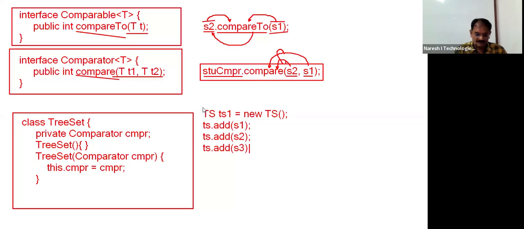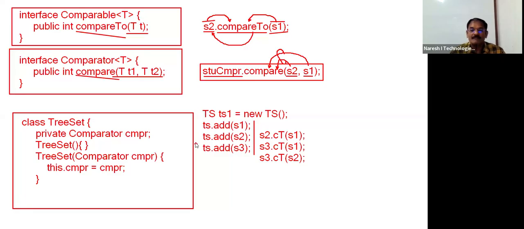Tell me now, here student objects are compared by using the compareTo method or the compare method? Come on. compareTo, right. s2.compareTo(s1), s3.compareTo(s1) and s3.compareTo(s2).